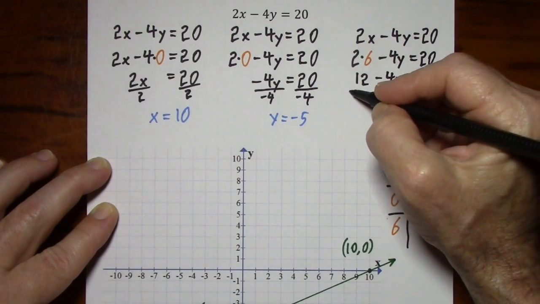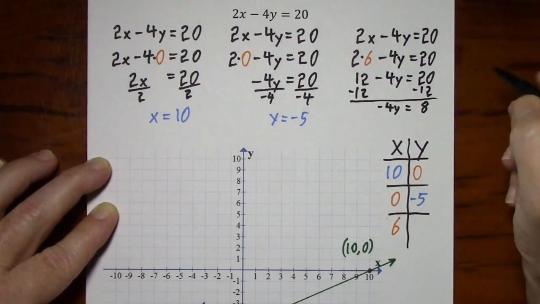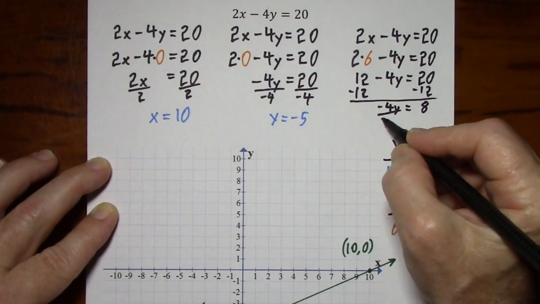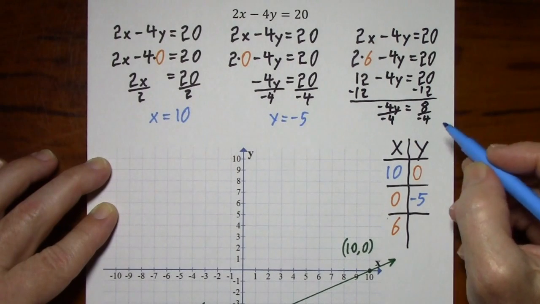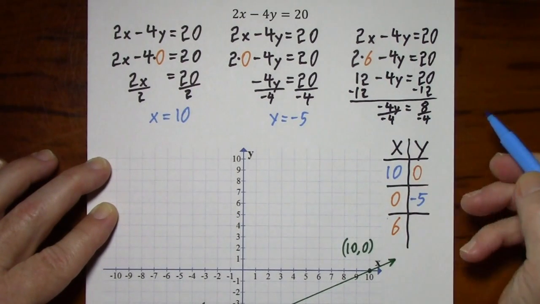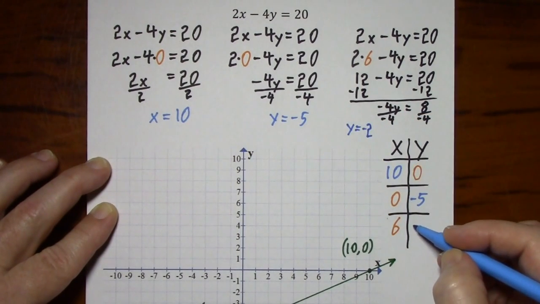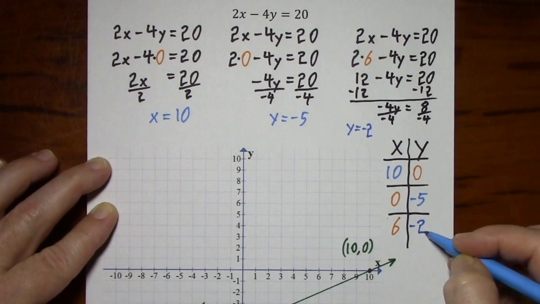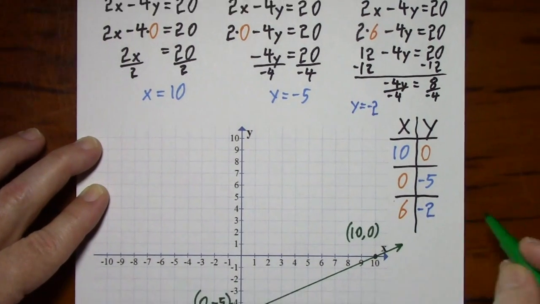Let's get rid of the 12. Let's get rid of the negative 4. And I've sort of run out of room, but I think you can see y is equal to a negative 2. So I put a negative 2 on the chart, and this gives us the ordered pair 6, negative 2.